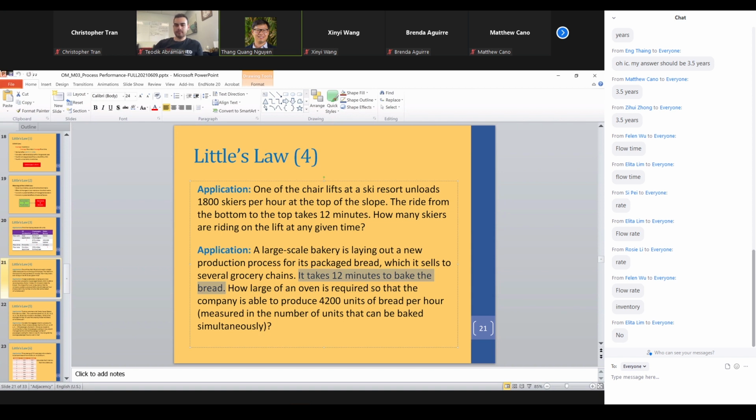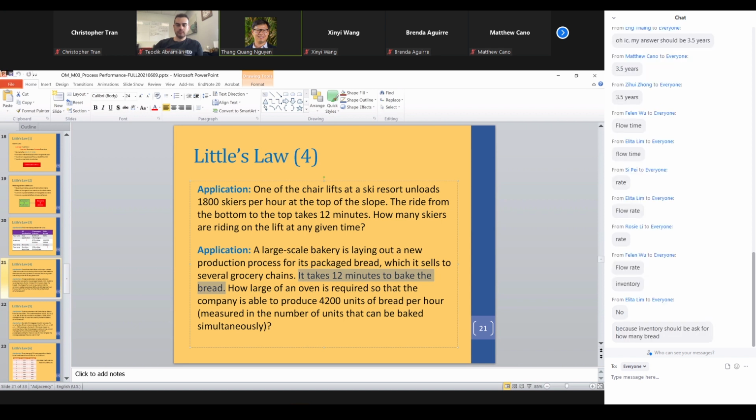Yeah, because it is a word problem. So sometimes I agree, it's confusing. It's not that straightforward. They ask about the size of the oven, how large of an oven is. But remember, last time when we talked about the inventory, we said that the inventory is closely related to the size of the business.